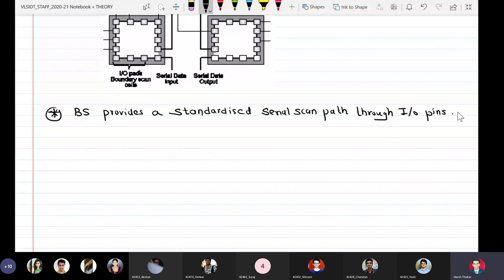You will appreciate this statement when we see some more diagrams related to the boundary scan technique. And as I told you, boundary scan is IEEE standard 1149.